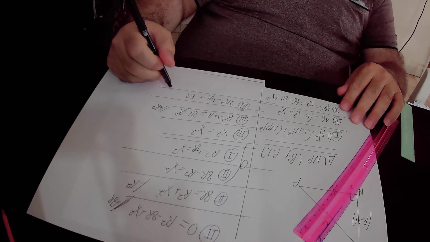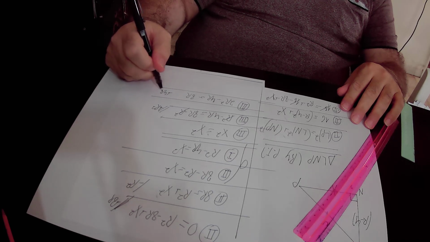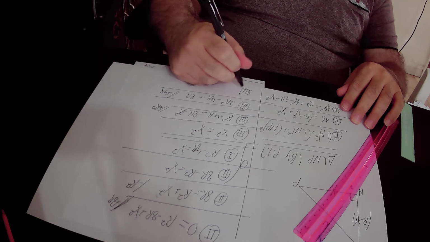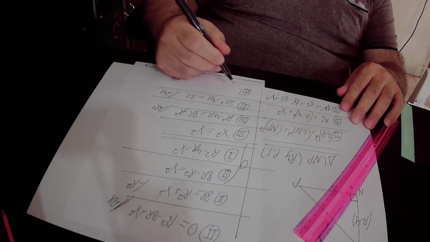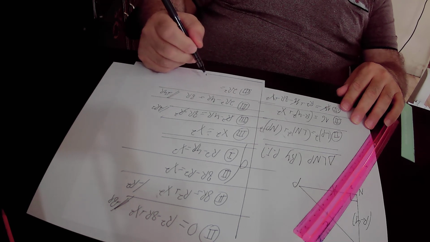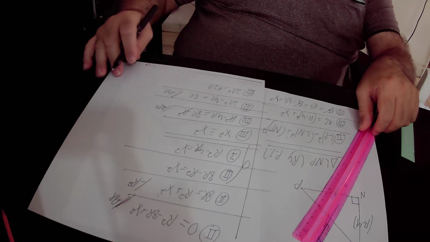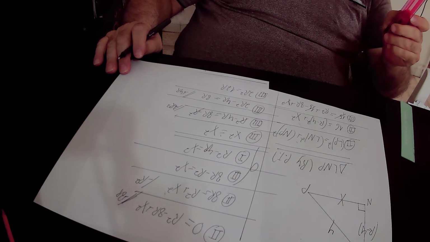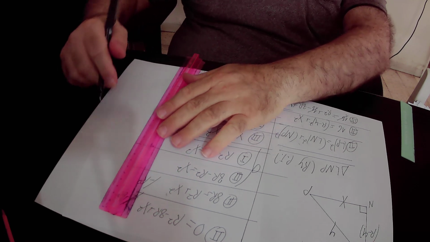Here we will add 4r to equation number 3, and we get that 2r squared equals 8r plus 4r, which is 12r. So we found out that 2r squared equals 12r.